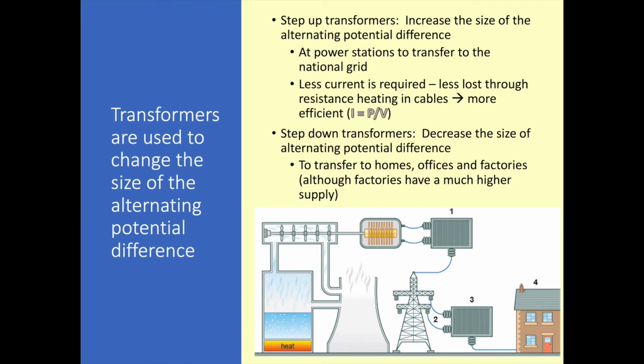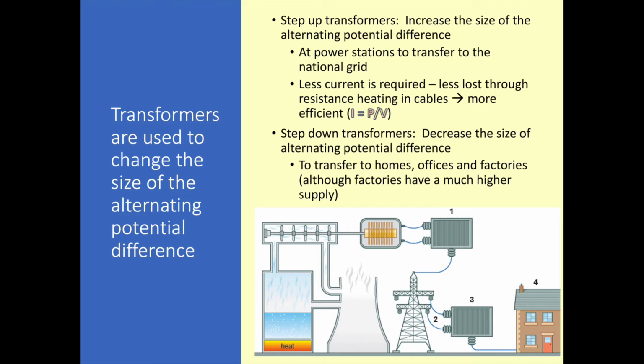And this is advantageous to us in that it means that we can then apply less current, and so we get less lost through resistance of heating in the cables. So this means it's more efficient for us to have that large potential difference. As our voltage increases, then our current decreases if we look at that I equals P over V equation.